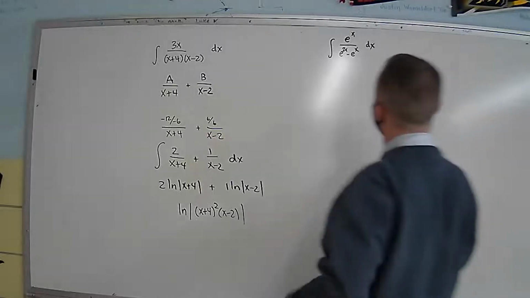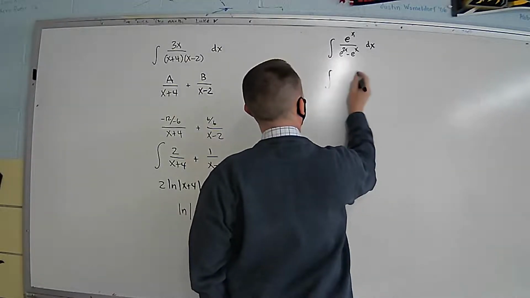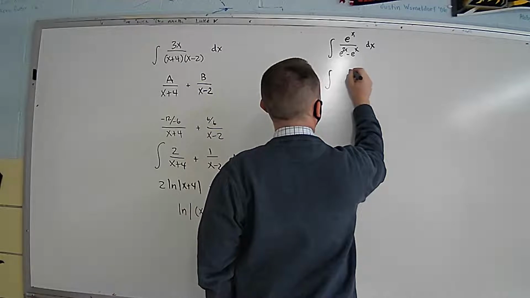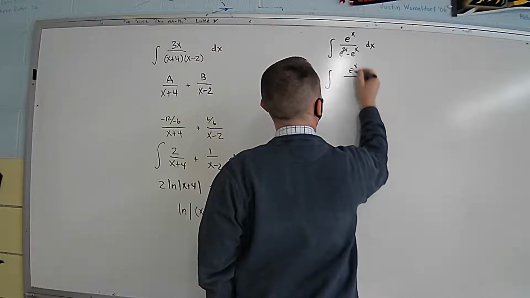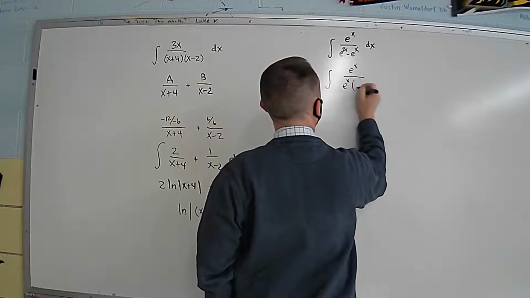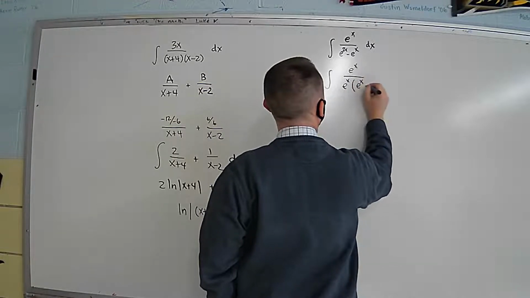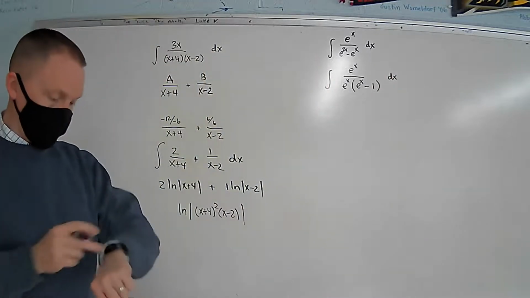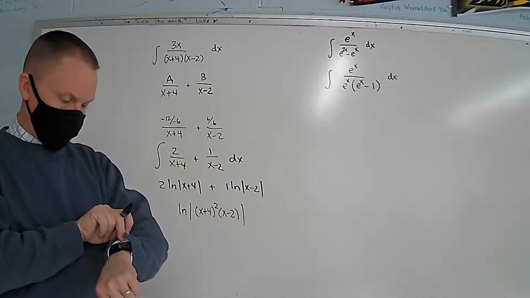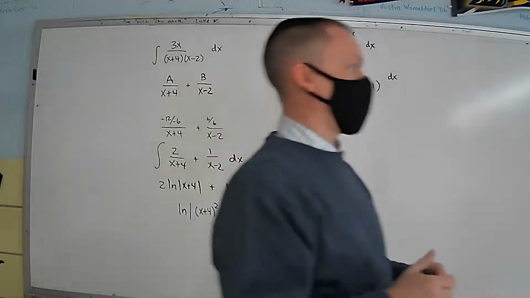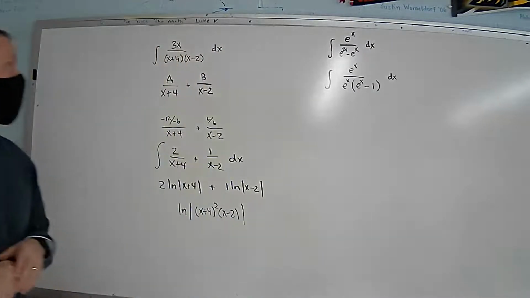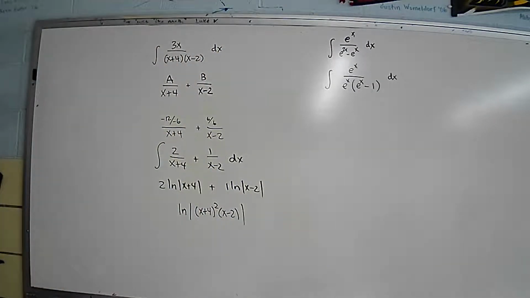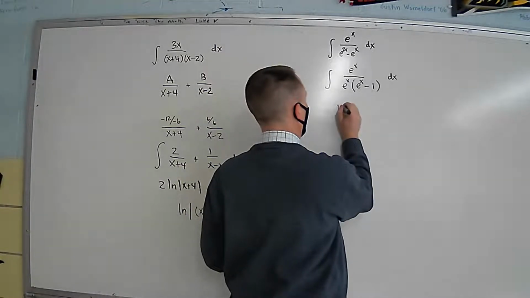The first thing that we're going to do is factor things. So I factored out an e to the x there. Maddie, what's the deal? That's exactly what we're going to do. So now, once I factored out that e to the x, I'm going to do a u sub here.